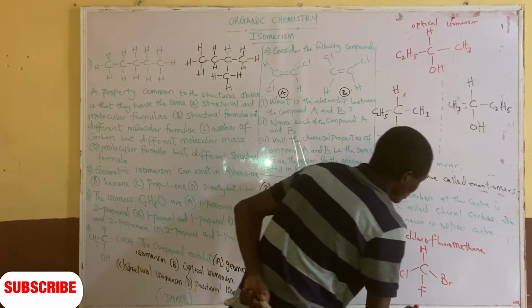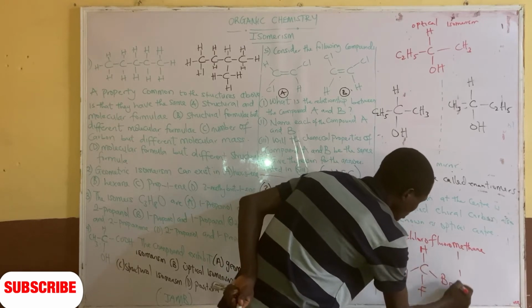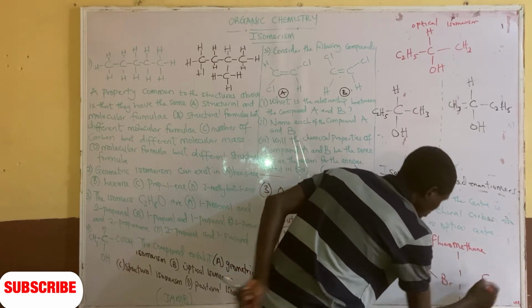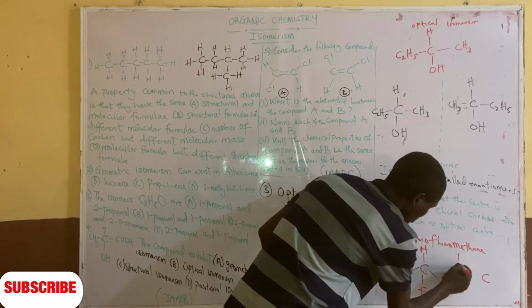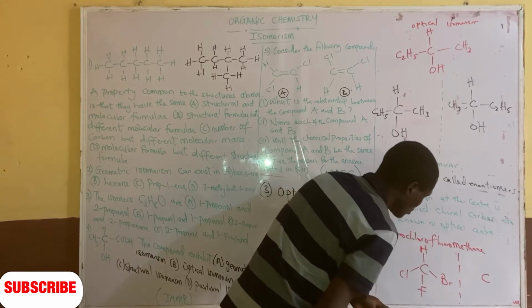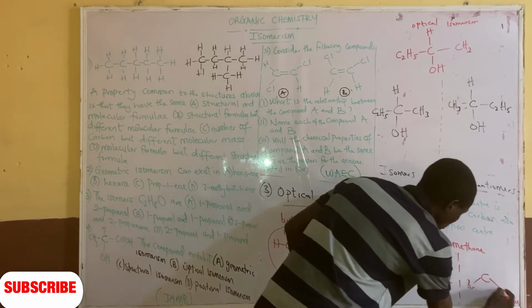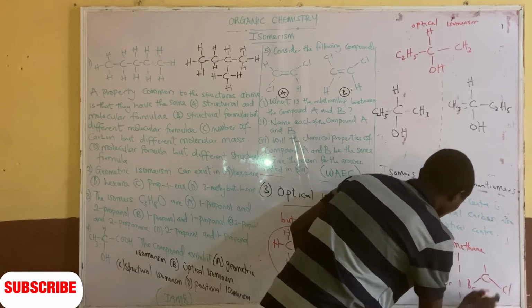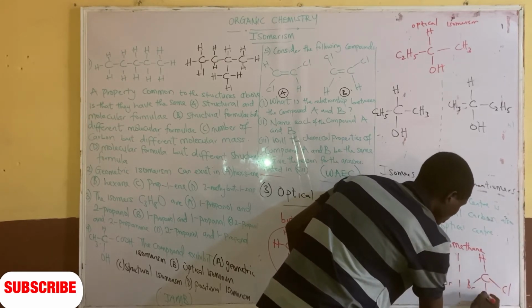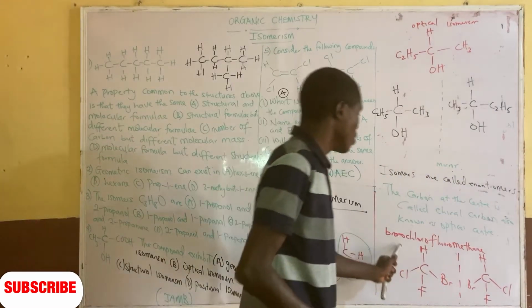In such a situation, when you place a mirror on this, this is your mirror here. What are you going to have? You are going to have bromo coming to this place, and chloro here, and hydrogen still maintains its position. You can see now this is what we call another mirror image.